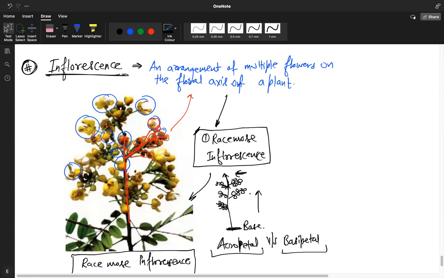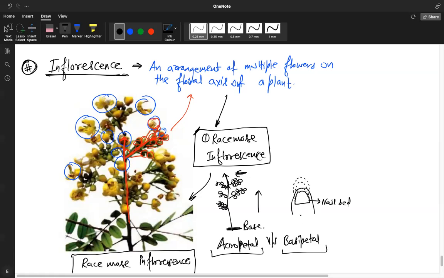So have you seen our nails growing? Our nails grow, but where is the new nail growing? So if you see a finger, let's say this is a finger, so you know that there is a nail, right? This is the nail. Correct? So it has a nail bed. And then as the nail grows, you see that it becomes like this, then it becomes like this, and then it keeps growing.